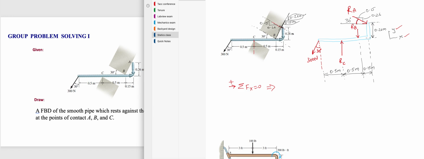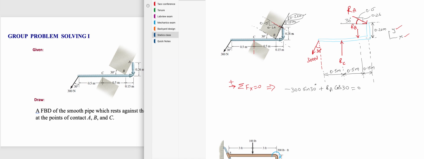So that would be negative 300 sine 30 degrees. And the only other thing we have is RA, which is plus RA cos 30. That should be equal to 0 because those are the only two forces in the x direction.